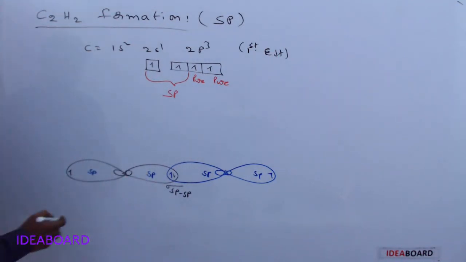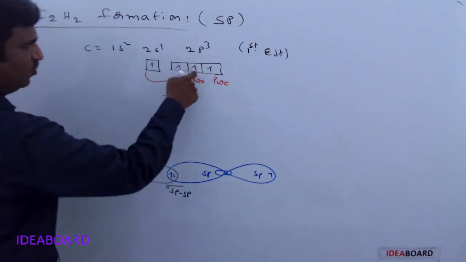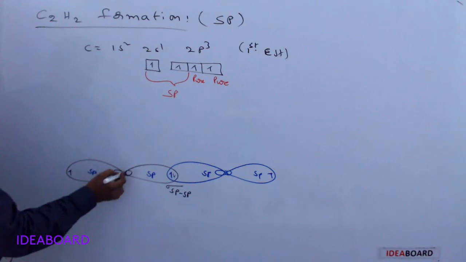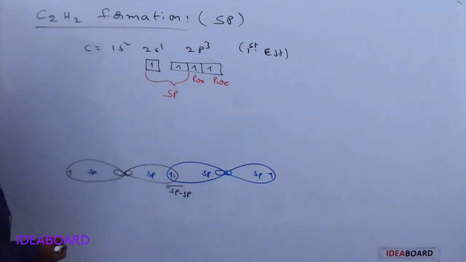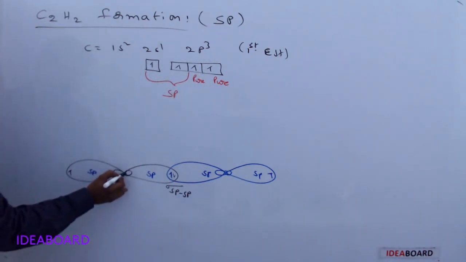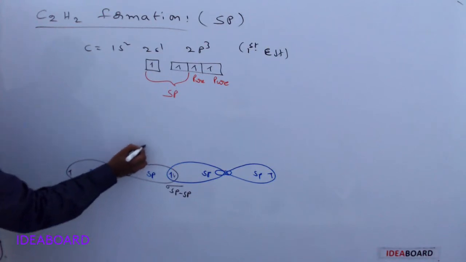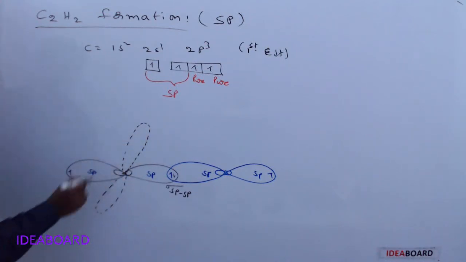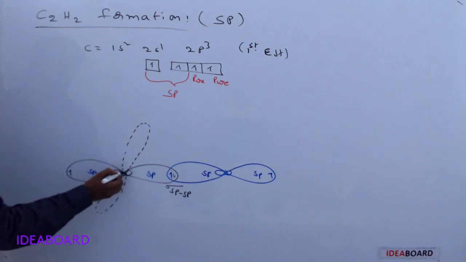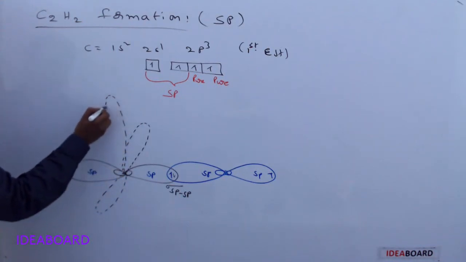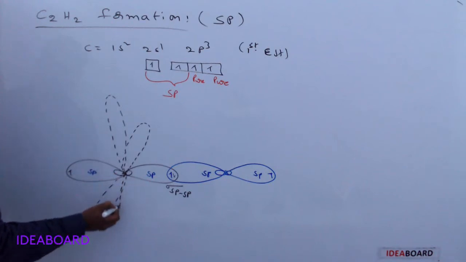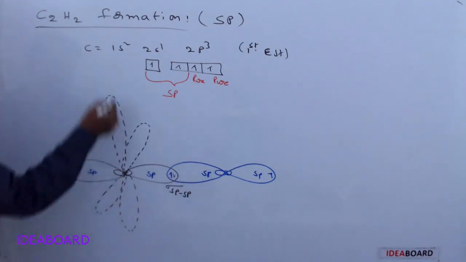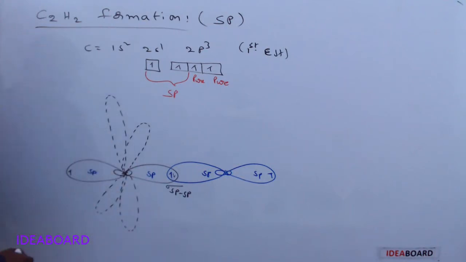Next, each carbon has two pure orbitals also. These are the hybrid orbitals of one carbon and two pure orbitals are also present. So now I am writing with dotted lines. This is a pz orbital for example, and this is py. Suppose this is the x-axis, this is y, and this is z.